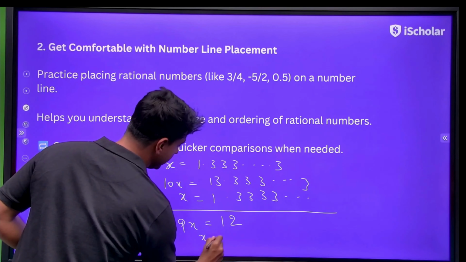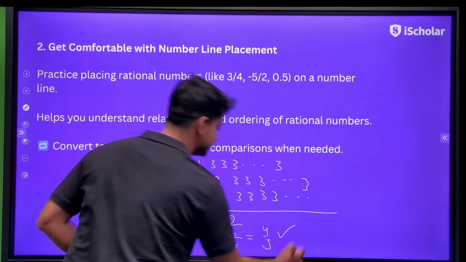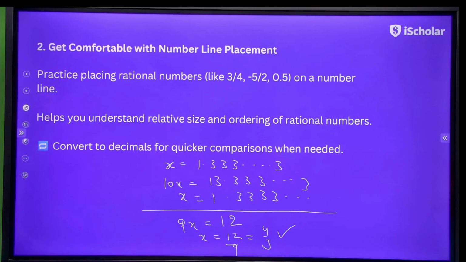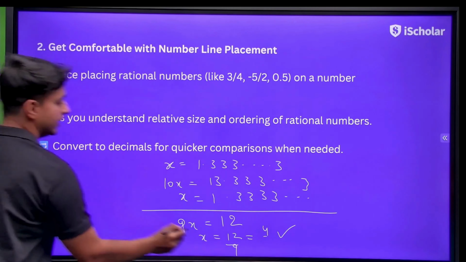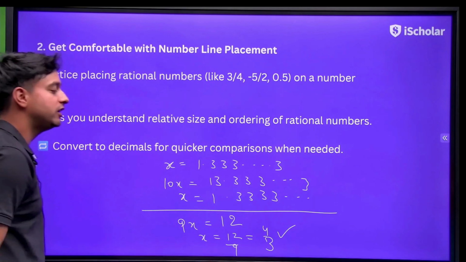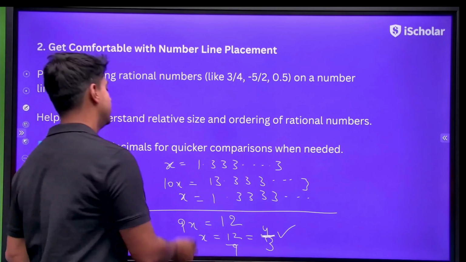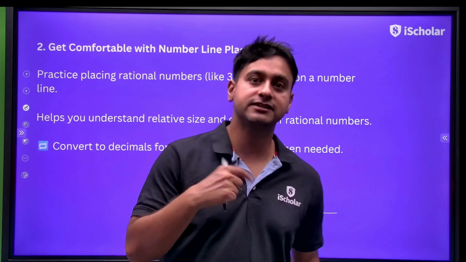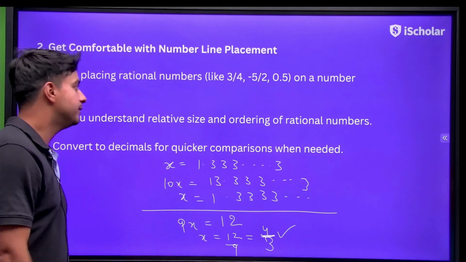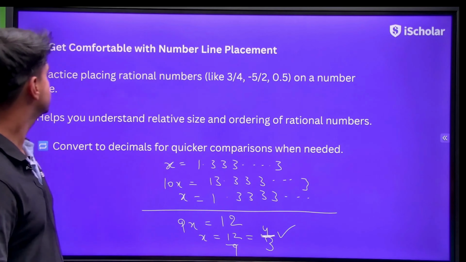So x would be 12 by 9, that would be 4 by 3. That is your answer, correct? So we have represented 1.3333 and so on as 4 by 3. You can put it in your calculator and also check. 4 by 3 is nothing but this value. Okay, so this is how quickly we can represent any number in P by Q format, right?